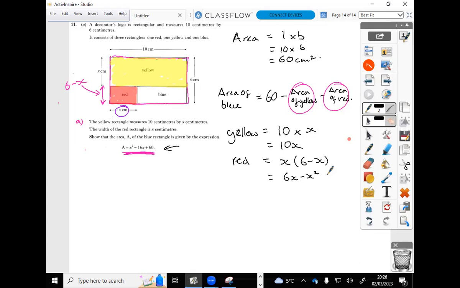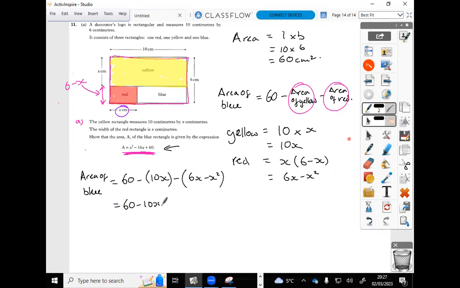Okay, so area of the blue equals 60 minus the area of the yellow minus the area of the red. We put that in one big expression. Area of blue equals 60, which is the total area, minus 10x, which is the area of the yellow, minus 6x minus x squared.